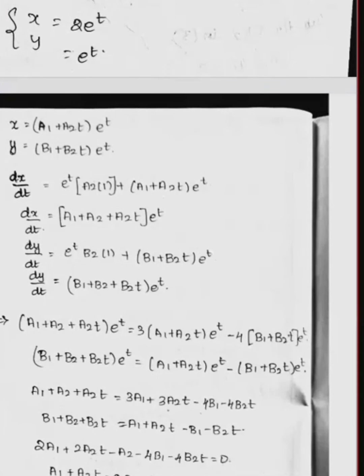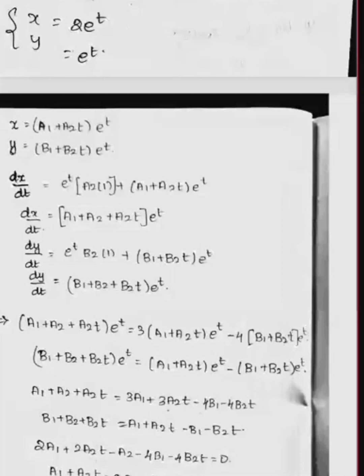So the remaining term is a1 plus a2 plus a2t equal to 3 times, you have to multiply it individually, 3 times a1, 3 times a2t, minus 4 times b1, minus 4 times b2t here. Similarly, in the second equation, b1 plus b2 plus b2t equal to a1 plus a2t minus b1 minus b2t here. So you take all the terms to the right hand side. So 3a1 minus a1 is 2a1 here.